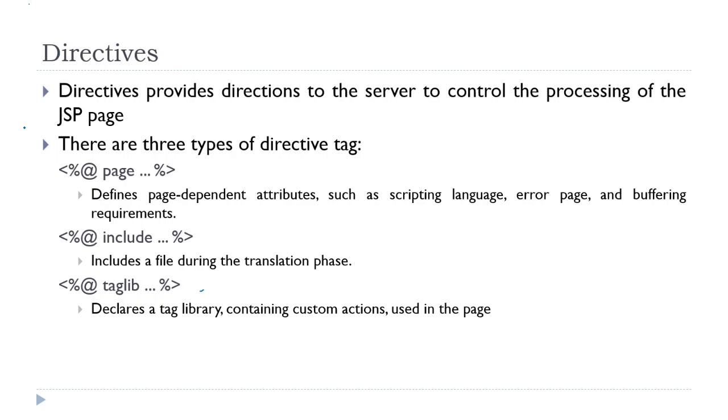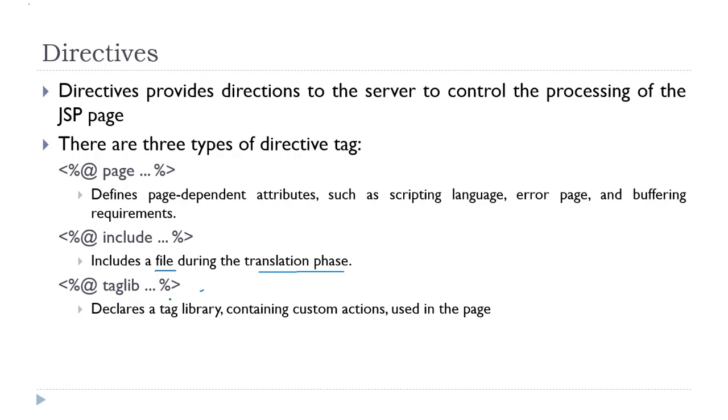Next is the include directive. The include directive is used to include a file, and this file is included at the translation phase. So when the JSP is being translated into a servlet, at that time the inclusion of some other file will take place. For that we'll have to use the include directive.